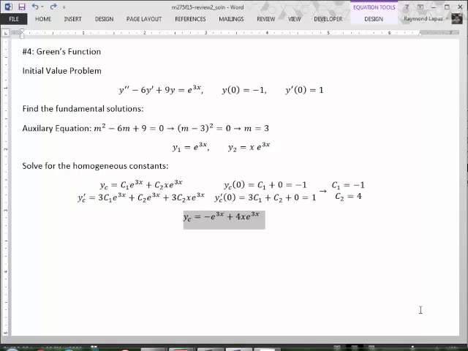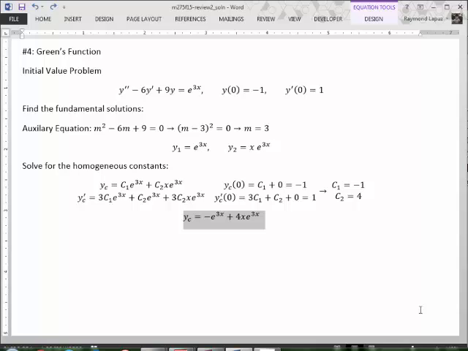And so our complementary solution is going to be negative e to the 3x plus 4x e to the 3x. And if this was a homogeneous IVP, then we would be done. But it's not. It's non-homogeneous, and we got the right-hand side equal to e to the 3x, so we're going to need to solve for that.